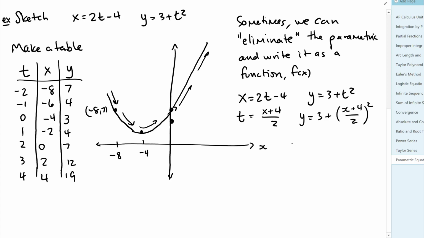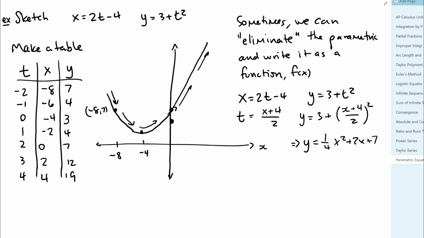And solving this, we end up with y equals 1/4 x squared plus 2x plus 7, which is this parabola as well. It just doesn't tell you the direction, how this particle or object is moving along this path with respect to time, because there's no time left because we've eliminated that parametric part of this equation.